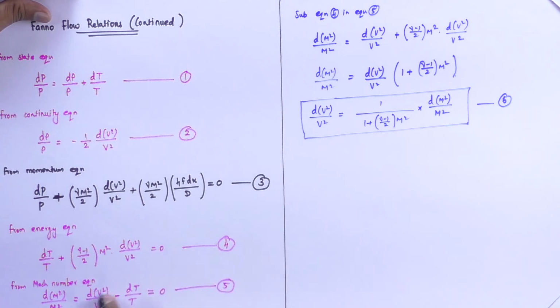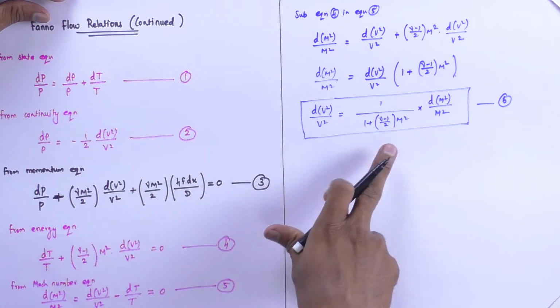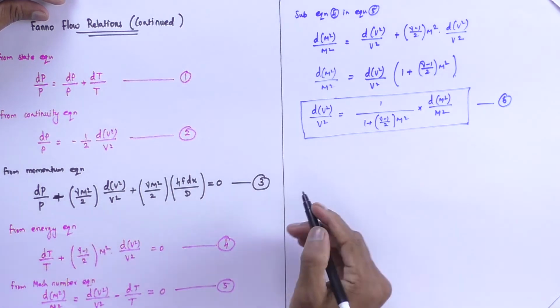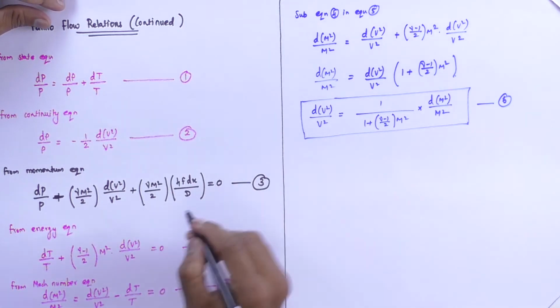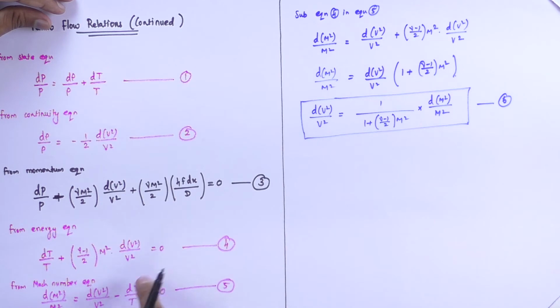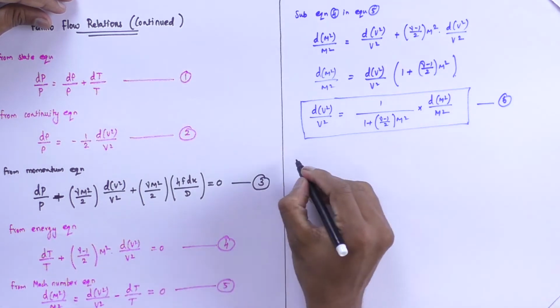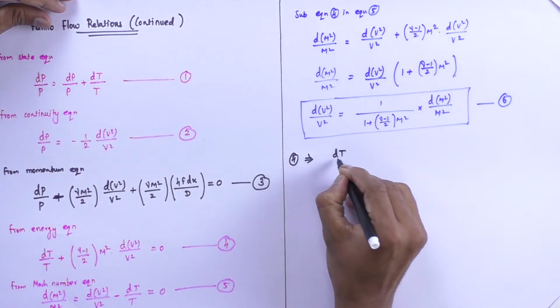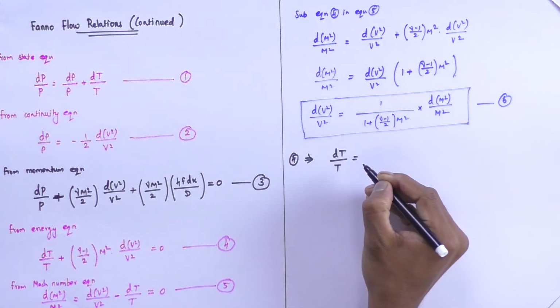Now, either we can use this relation or this relation to represent dT by T as a function of Mach number variation. We know the value of this variation in terms of Mach number variation. So, finally, we will get dT by T as a variation of Mach number. Again I am going to use one of the equations, let us say equation number 4, to represent dT by T after simplification.